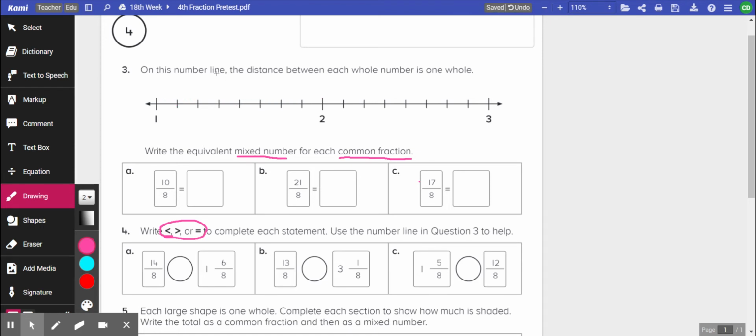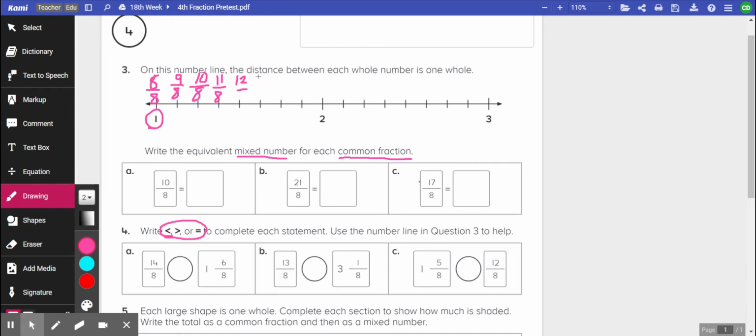Now the main mistake is notice it starts at 1, not 0. So I know 1 is the same as 8 eighths. So I'm just going to count up and I'm going to do improper fractions on the top. So that would be 9 eighths, 10 eighths, 11 eighths, 12 eighths, and I'm just going to keep going.